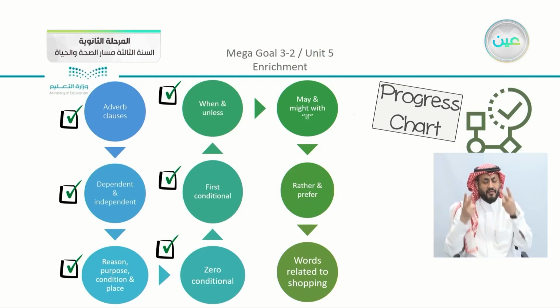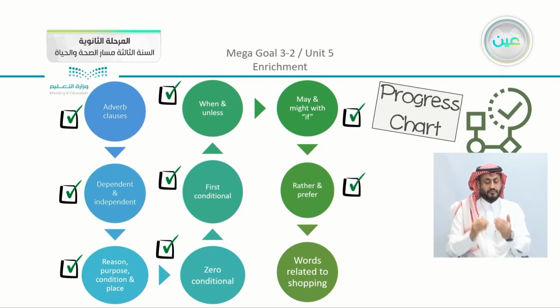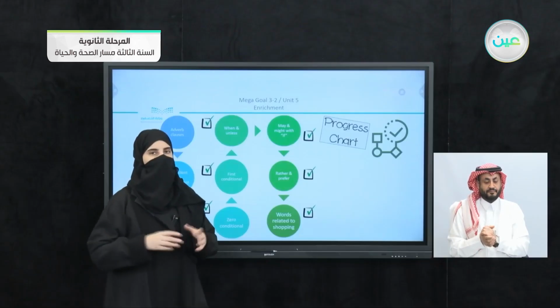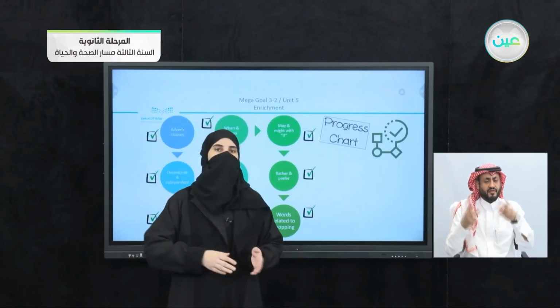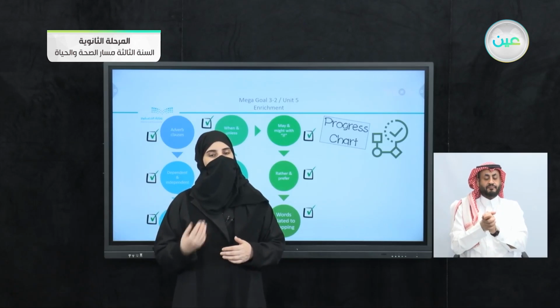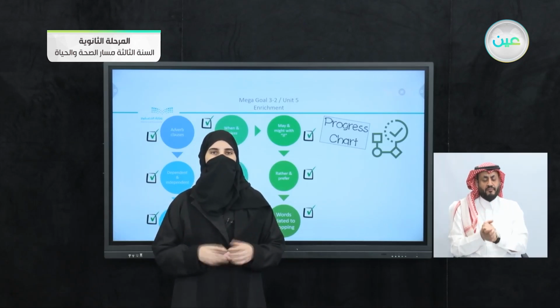Moving on, we have using may and might with if. We also passed by rather and prefer, I'd rather and I prefer. Reaching words related to shopping that we have in our unit. So all of these structures are what we studied in the grammar and the form, meaning and function part. Be ready, we have lots to talk about in Unit 6, inshallah.